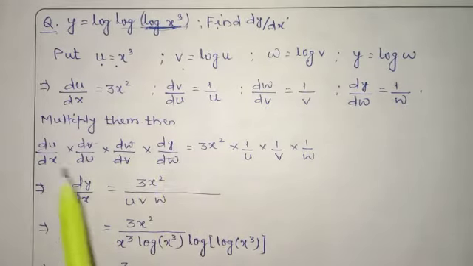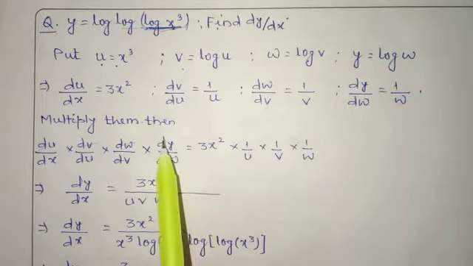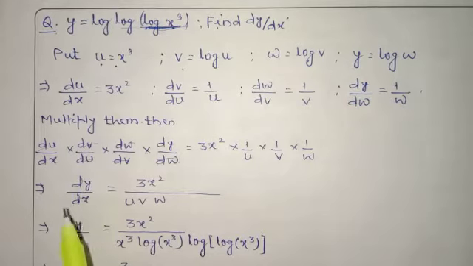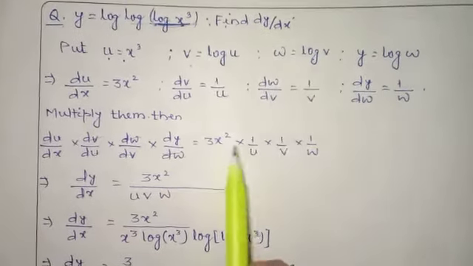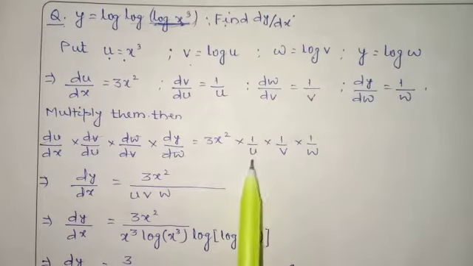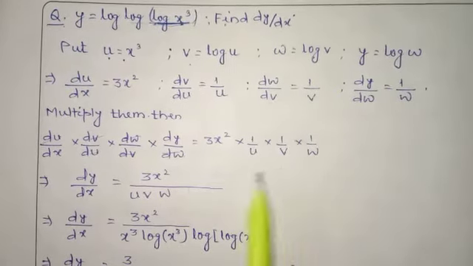Hence only two terms are left, dy in the numerator and dx in the denominator. So dy by dx is equal to 3x square upon u into v into w.